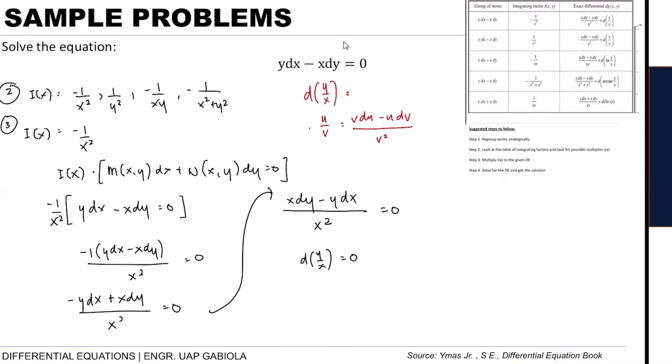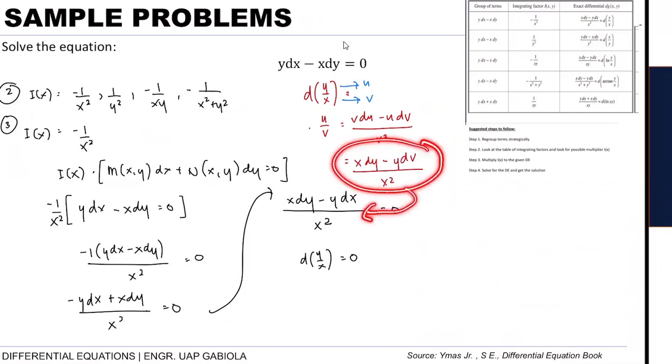So dito, yung ating y is ang ating u, yung x natin yung ating v. Okay? So, derivative of y over x, dito yung v natin is si x, so x dy minus y dx over x squared. As you can see, this value is the same nito. Kaya siya tinawag na exact differential.